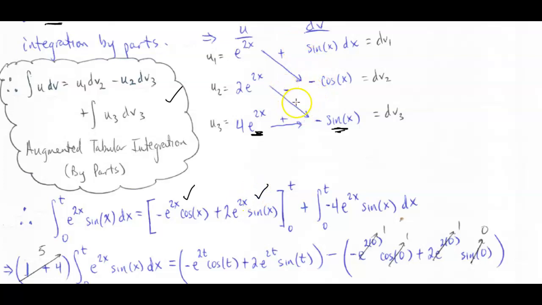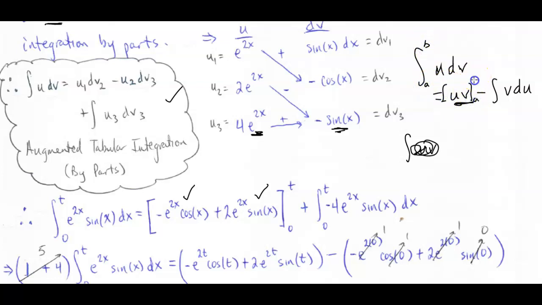And of course, this subtraction and that negative make this a positive. And from the normal formula for integration by parts, this is what we have. And of course, whenever you have limits of integration, they go from a to b. So that's what I'm doing here.